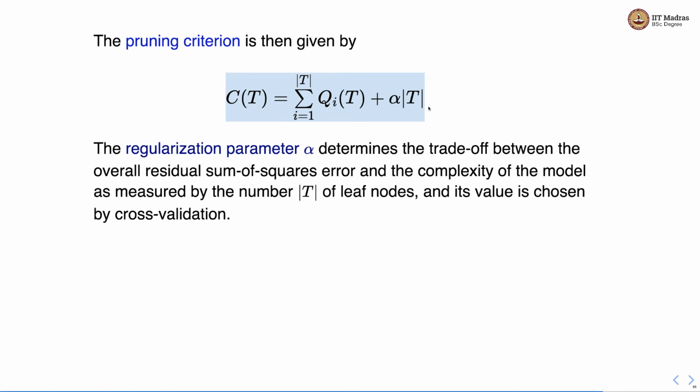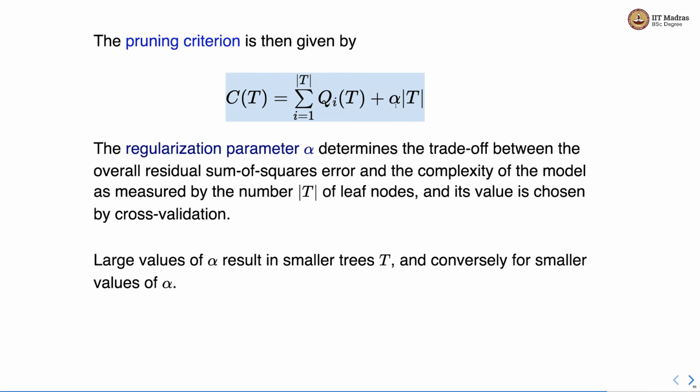The regularization parameter alpha determines the trade-off between the overall residual sum of square errors and the complexity of the model as measured by the number of regions or number of leaves in the tree. And the value of alpha is chosen by cross-validation. For a large value of alpha, we get smaller trees, whereas for a small value of alpha, we get larger trees.